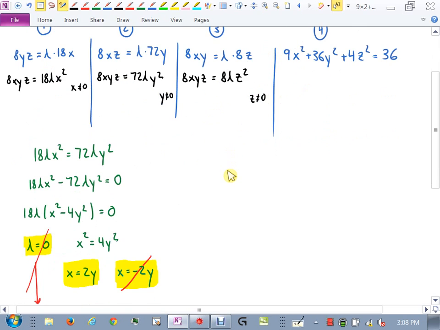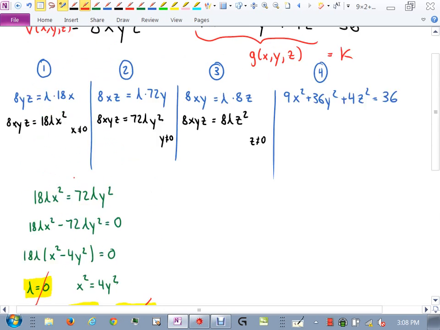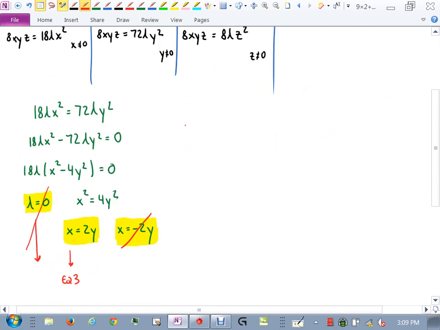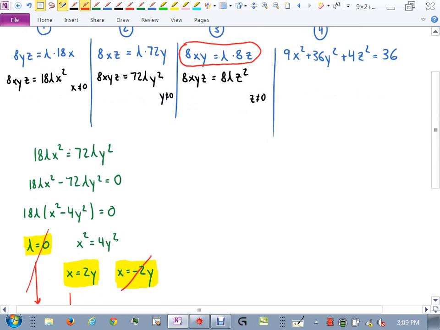Let's see. So I'm going to take x is 2y and plug that into equation 3. I'm going to plug it into equation 3 before I multiply through by z, only because I don't need that extra z. I can go back to that equation. So what would that equation be if I plugged in x is 2y?